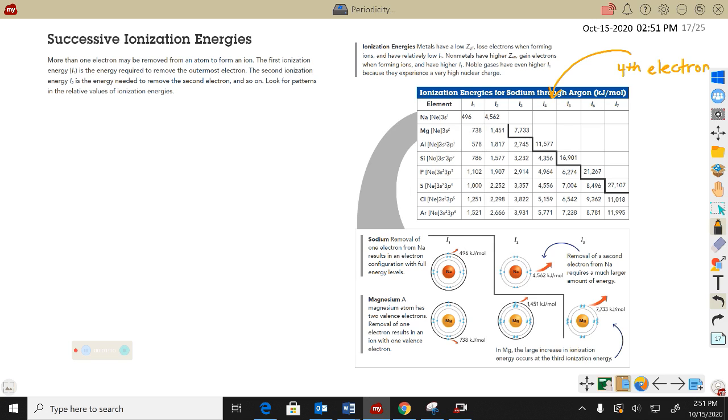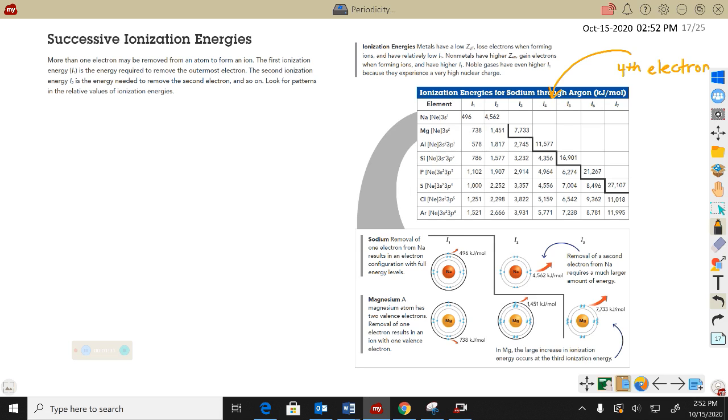Okay, so they give us this little chart here that's got measured numbers for successive ionization energies in units of kilojoules per mole, which isn't really a concern for us. I just want to look for trends and patterns. And there are two things that concern me about this little graph.